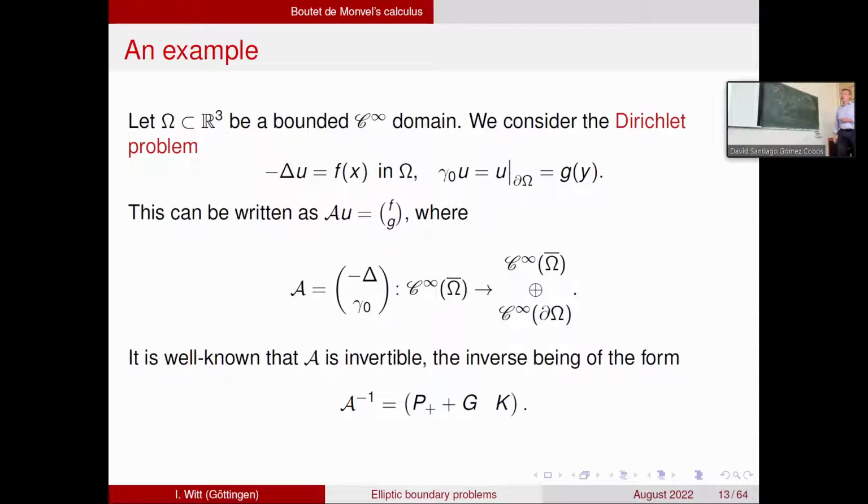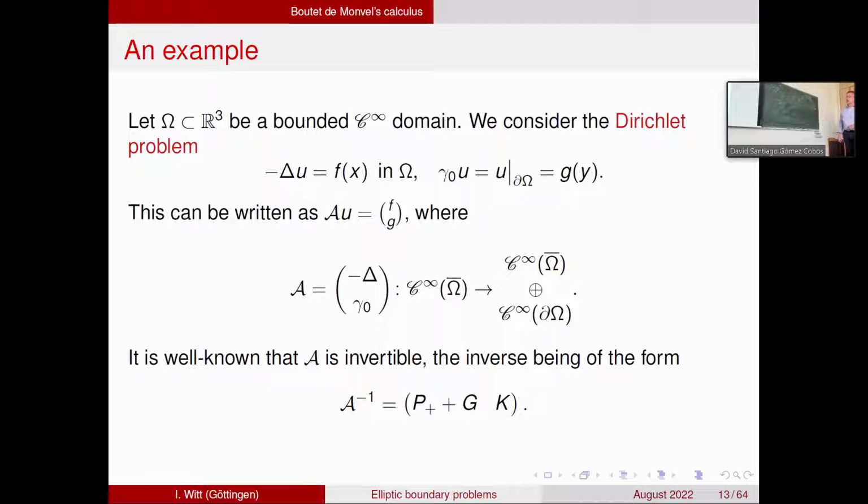We write that problem in the form A of u equals the data f and g, where A is some operator of that form. Here we have the positive Laplacian with a minus sign, and the trace operator gamma naught, which is just the restriction to the boundary. We get such an operator.